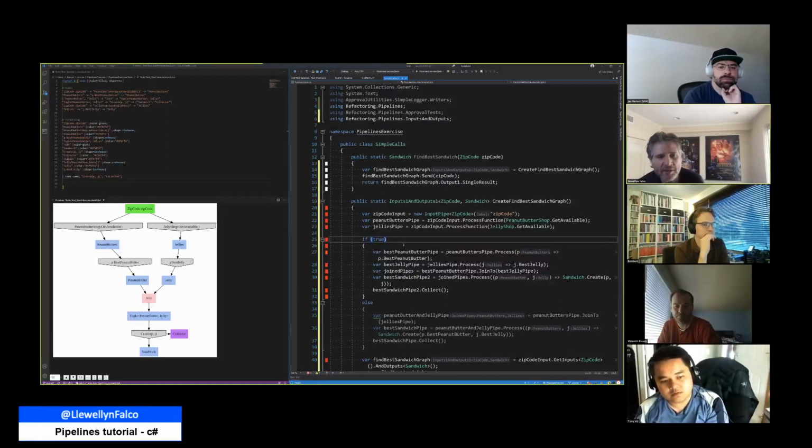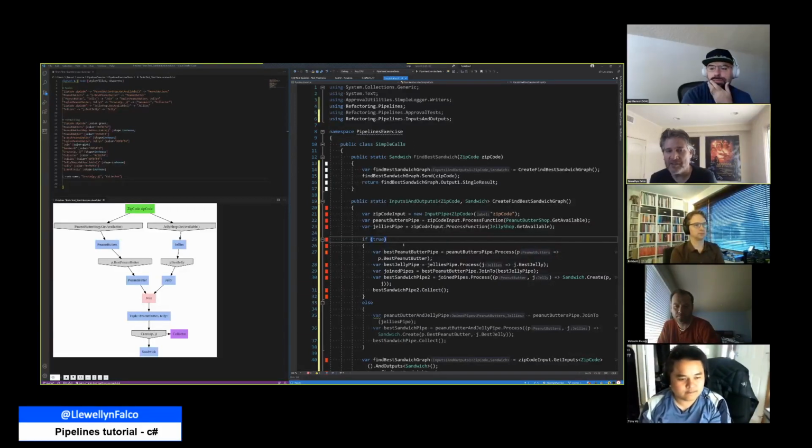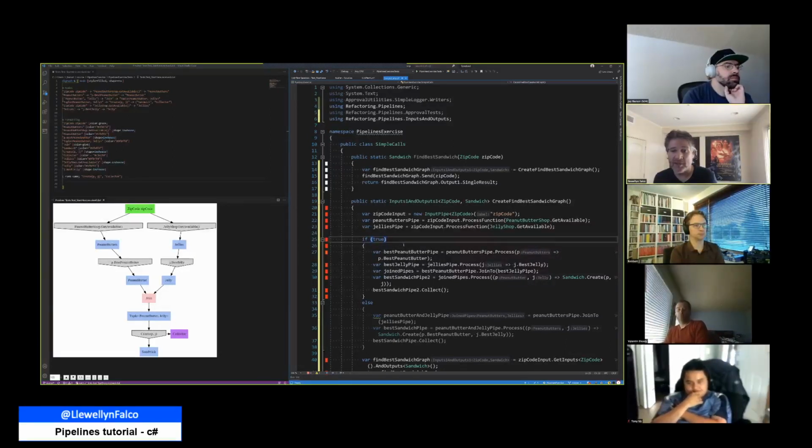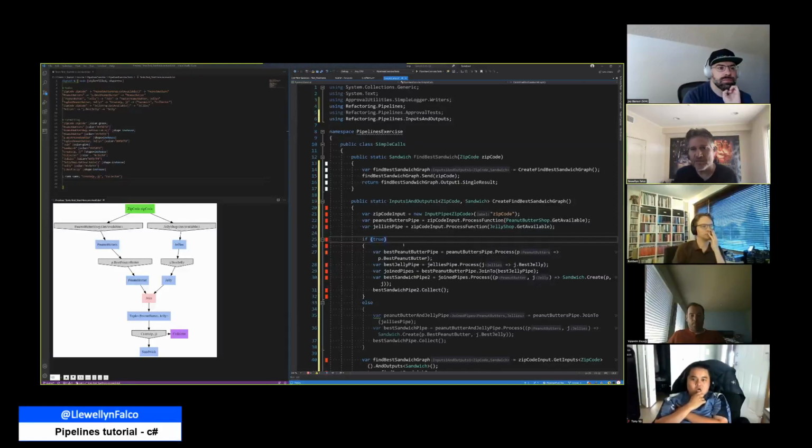Let's say that get best peanut butter is another service call that goes across the wire and takes 2 seconds, and the best jelly also takes 2 seconds. If you run them one after the other, it's 4 seconds, and if you run them in parallel, it's 2 seconds. It's just whatever the longest one is, because either way, it doesn't join them together until they've both completed.